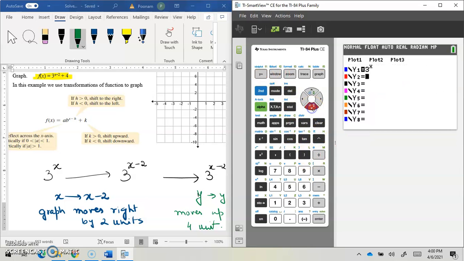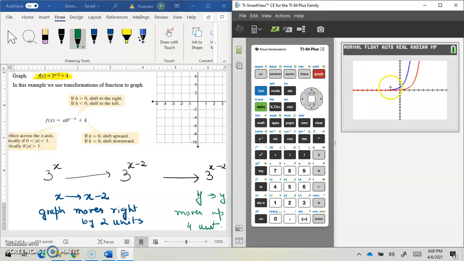Now I'm going to go to the next y and write 3 raised to power x minus 2. And you're going to see that the same graph, it's like if you could pick it up and move right by how many units? 2 units, because subtracting 2 goes in the opposite side. So graph moves right by 2 units.